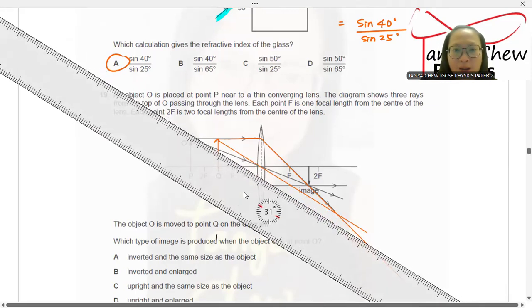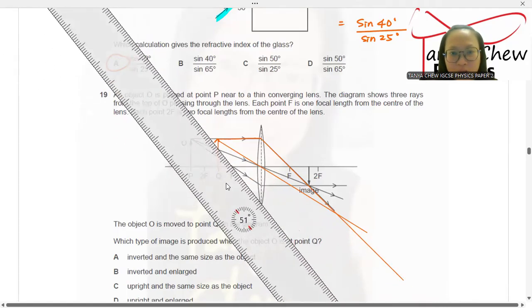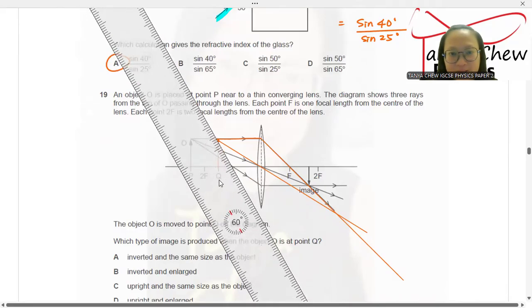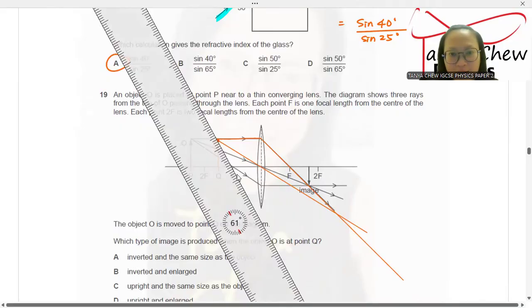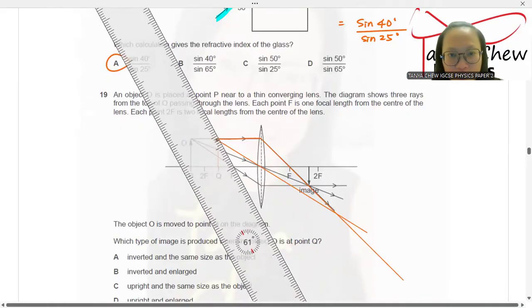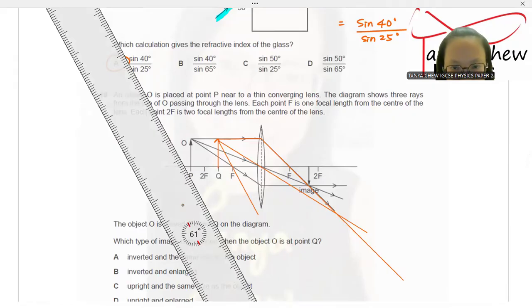And the third, any ray passing through the focal point first before the lens, just goes straight. This ray going straight towards the center, I need to draw it nicely. You can extrapolate the line, yeah?